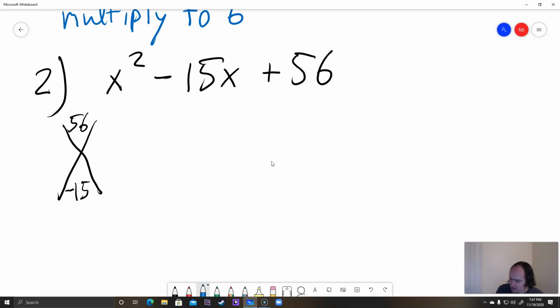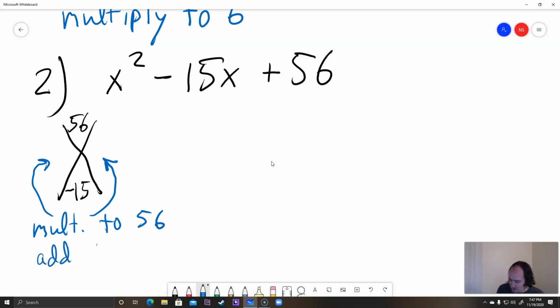These two numbers on the sides have to multiply to 56 and add to negative 15.